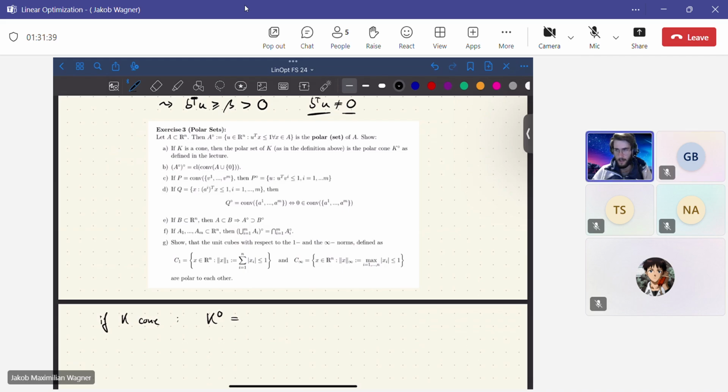Yes, that's exactly what happens. If X is only in the relative interior, then you generate in the tangential cone directions that span the whole affine hull, but nothing that's, let's say, perpendicular to this affine hull.